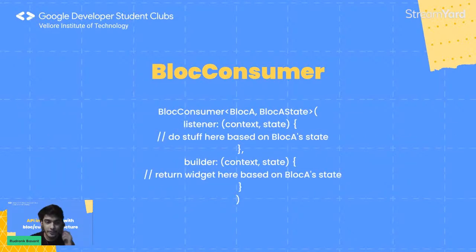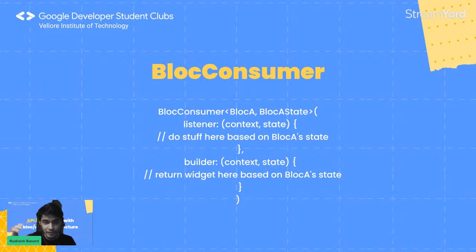The syntax for this, you can see, is we also have a listener and we also have a builder. Suppose for example you're adding a user. While the user is being added, the app is in the loading state.